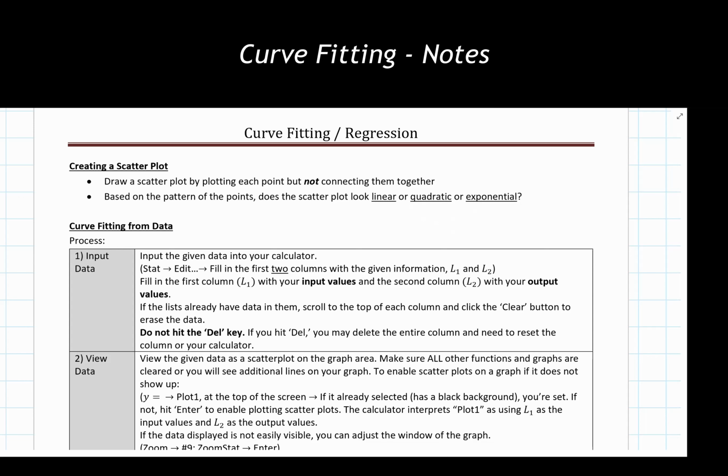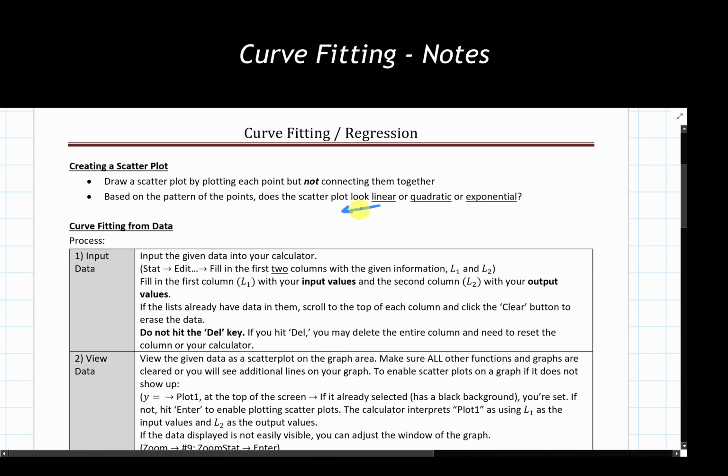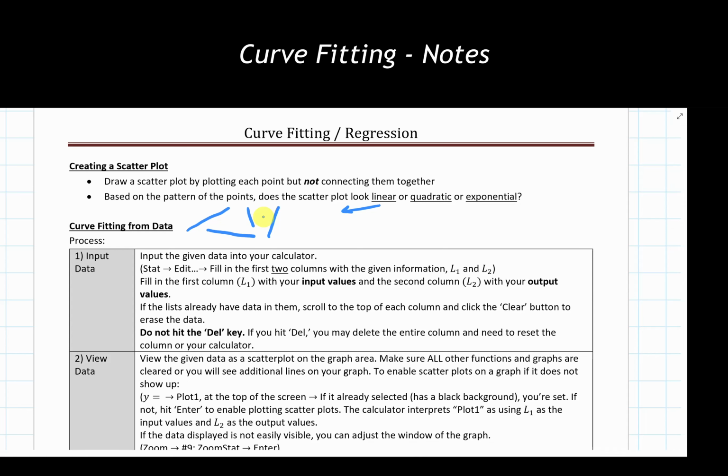And some quick reminders on what those tend to look like. Linear ones, the data is going to look kind of, maybe it's going up, maybe it's going down, maybe it's very steep, maybe it's very shallow. It'll vary a little bit depending on the data set.